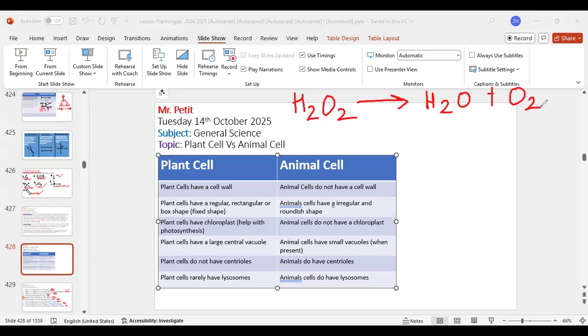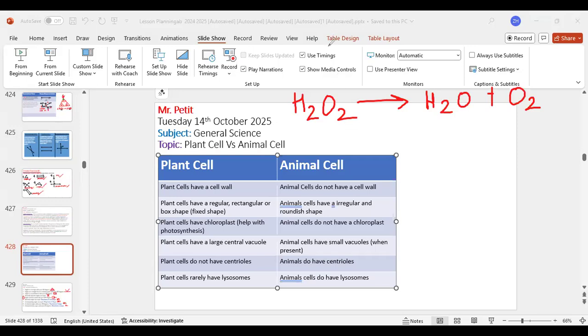It's there to break down hydrogen peroxide into water and oxygen, which helps prevent the cell from cell damage. Okay. Hydrogen peroxide is that alcohol type thing in the black bottle, right? Yeah, that's hydrogen peroxide. And then it also helps to break down waste products. It burns, right? It also helps to break down fatty acids too. So basically, just think about lysosomes as helping to break down substances.